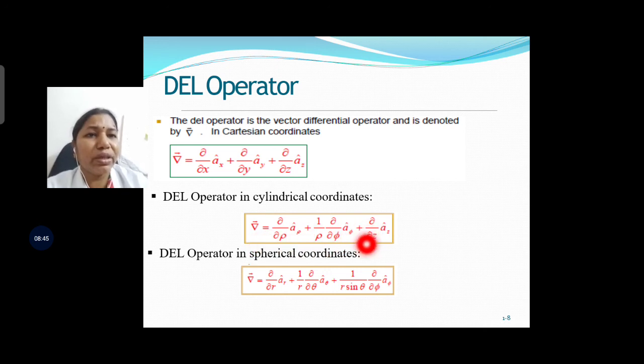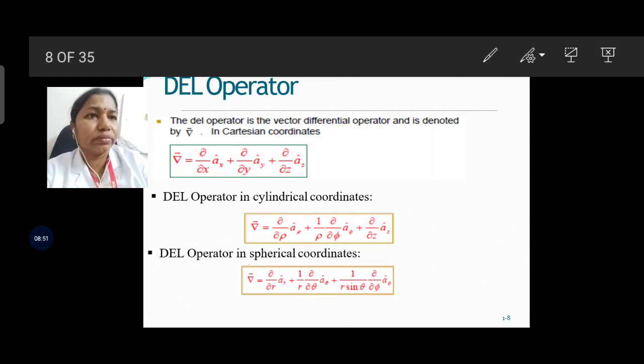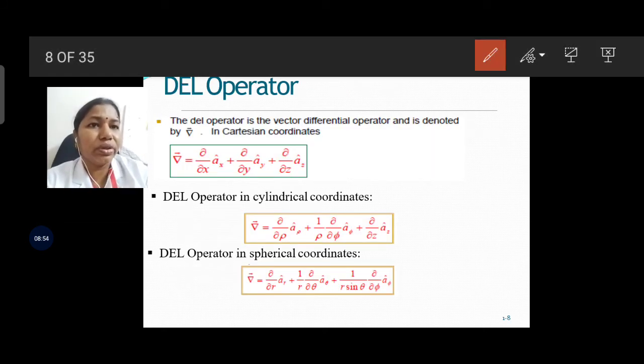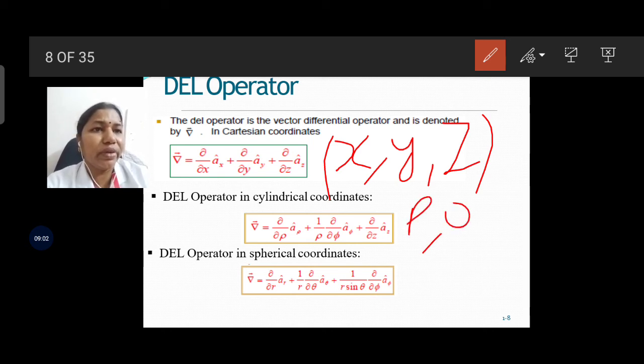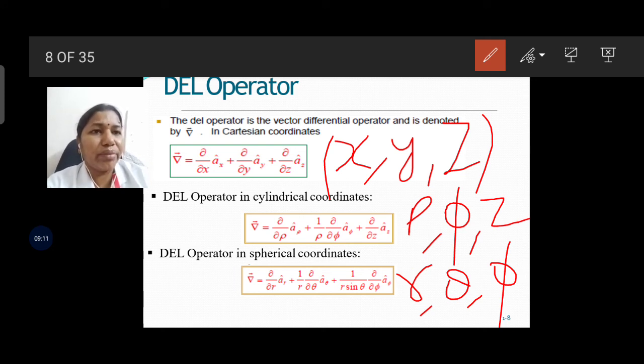Then next for spherical coordinate system we will use, so here we are using x y z for Cartesian coordinate system. Cylindrical we can use rho phi z. For spherical we will use r, theta and phi. Sometimes this rho can be replaced with r. Instead of rho, sometimes in some other books it is written r phi z. If r phi z and r theta phi is coming, first we have to refer to this rho phi z.